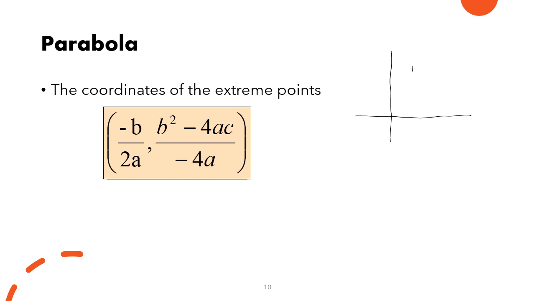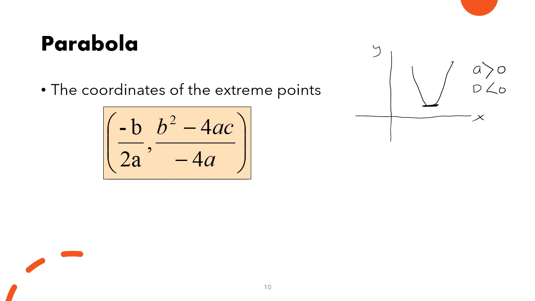This is the curve again, so I will draw a curve which is open upward. What is open upward again? If a is positive and it's not touching the x-axis here, then D is smaller than 0. Now this kind of curve has a minimum point here.